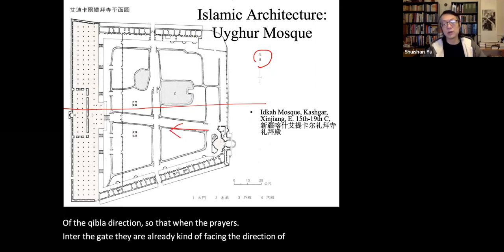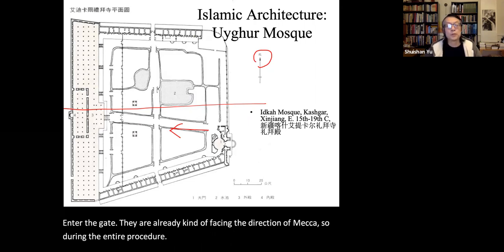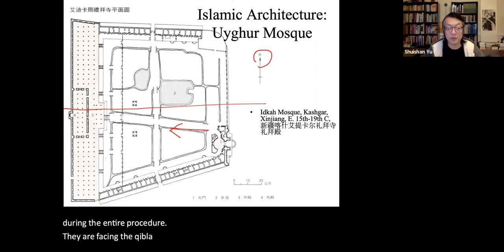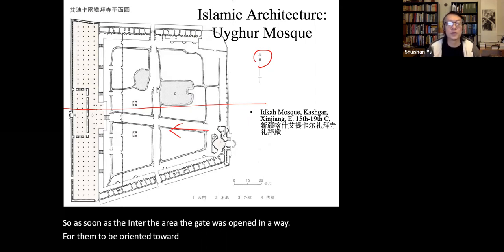So during the entire procedure, they are facing the Qibla direction, the direction of Mecca, right? As soon as they enter the area, the gate was opened in a way for them to be oriented toward that pilgrimage direction.